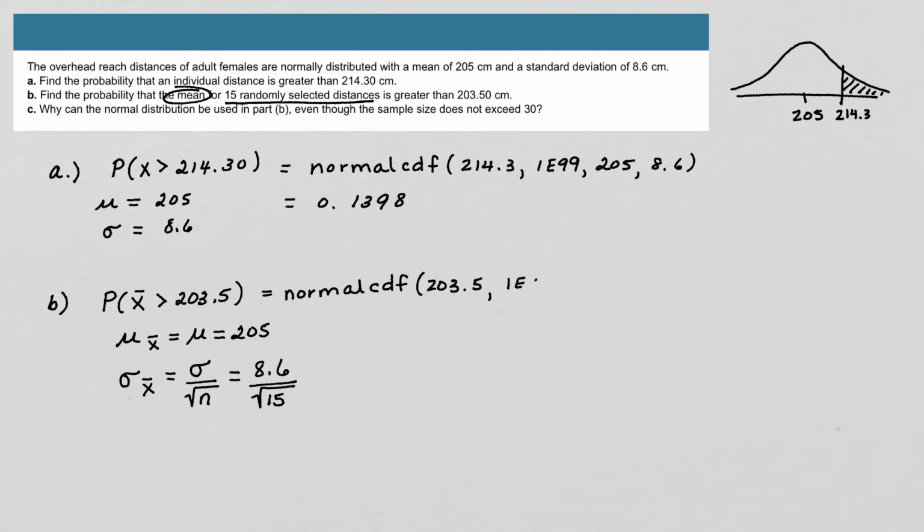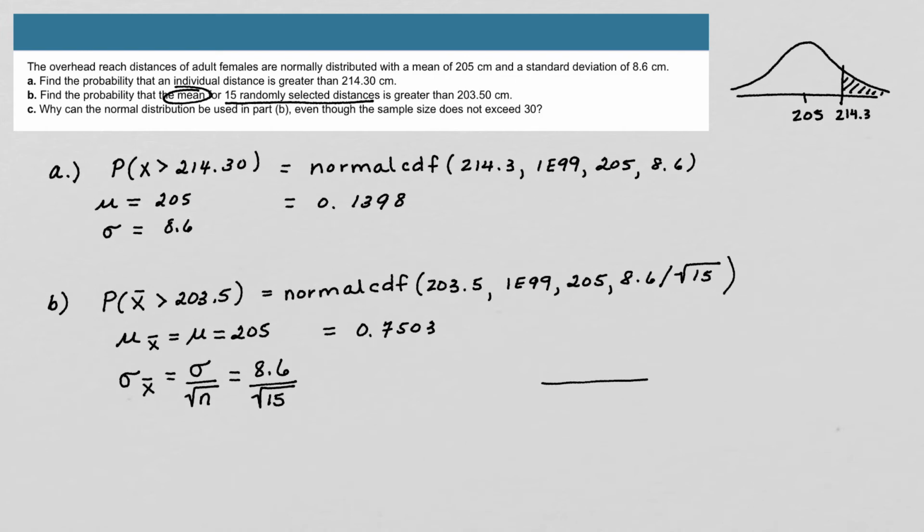And my upper boundary, there really isn't one, so we use 1E99 to represent infinity. And mean is 205. And for standard deviation, I'm just going to type in 8.6 divided by the square root of 15.